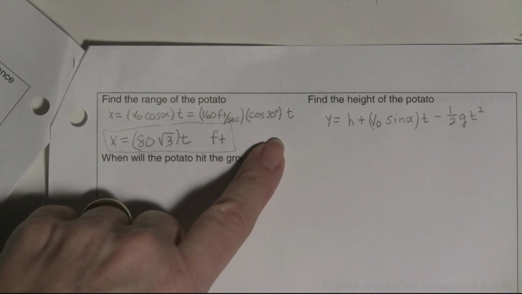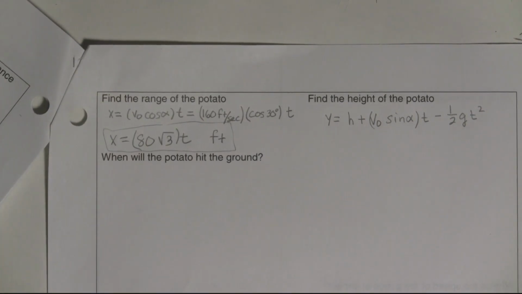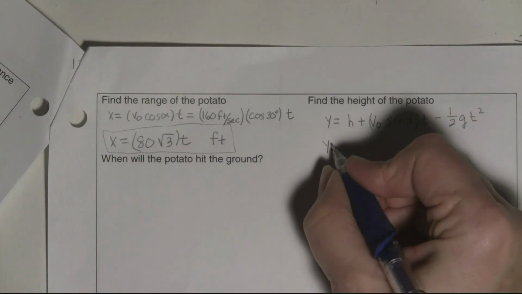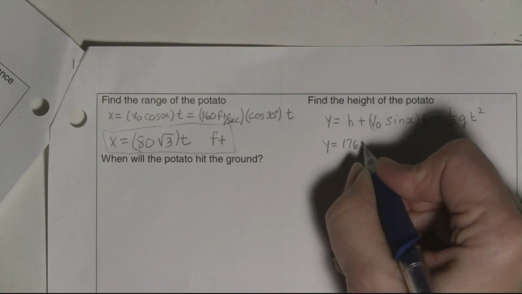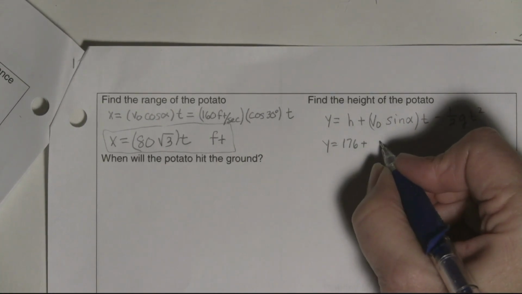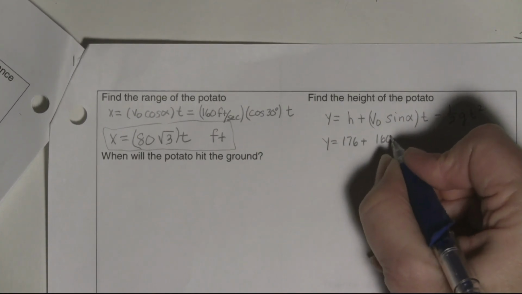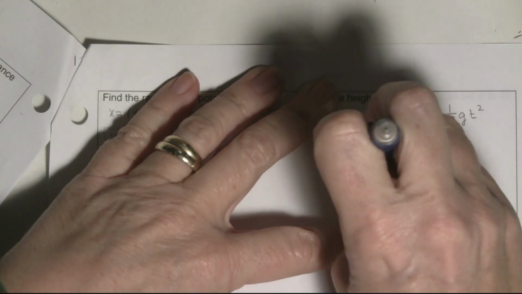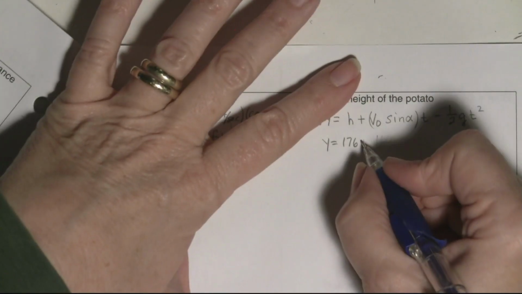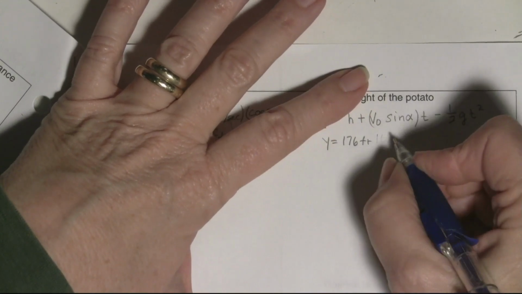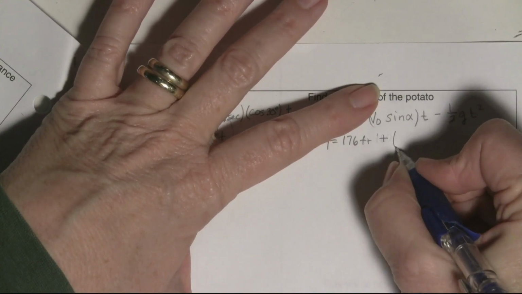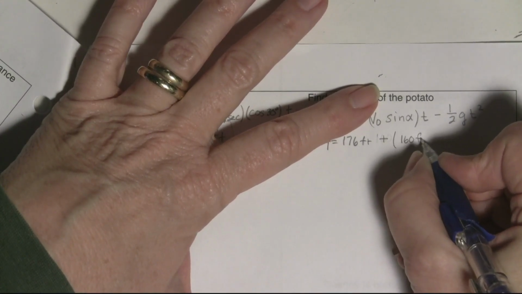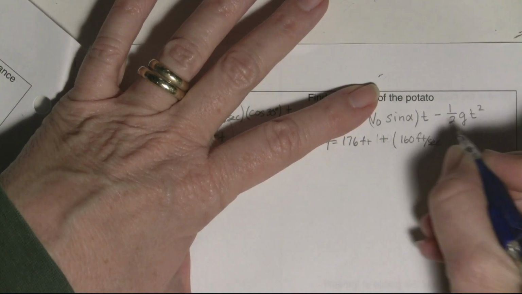Okay. So the initial height was 176 feet. The initial velocity was 160. I'm going to put feet there. Plus the initial velocity was 160 feet per second.